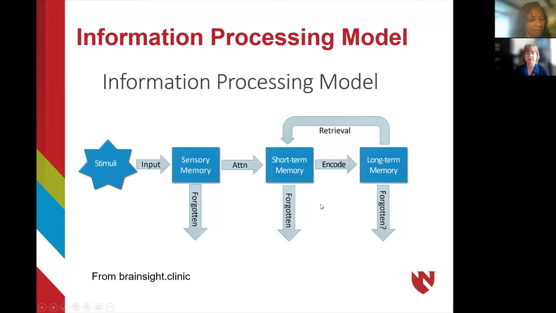Every time that we retrieve that information, it allows our brain to efficiently retrieve it over and over and over again. It strengthens it. Our working memory is very, very limited. This is where the 7 plus or minus 2 items that we can have in our working memory at any one point in time comes from.